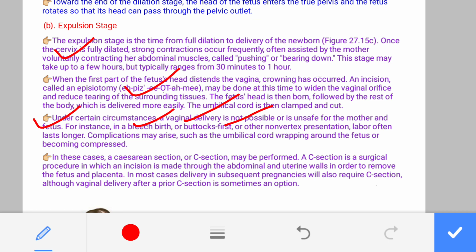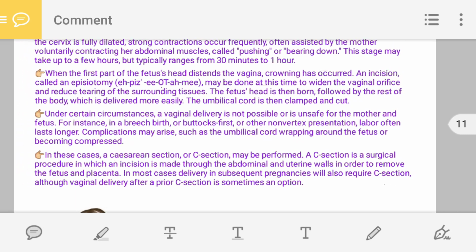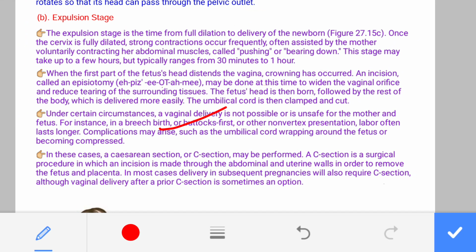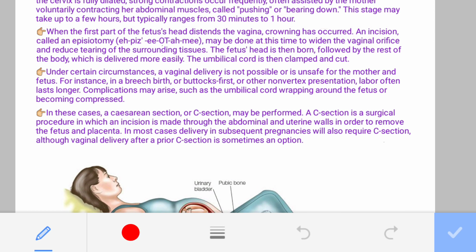Sometimes the umbilical cord is wrapped around the baby's body, so at that time it is not possible to perform the normal delivery of the child. So in that situation, the doctors suggest to the pregnant woman that a cesarean should be performed.